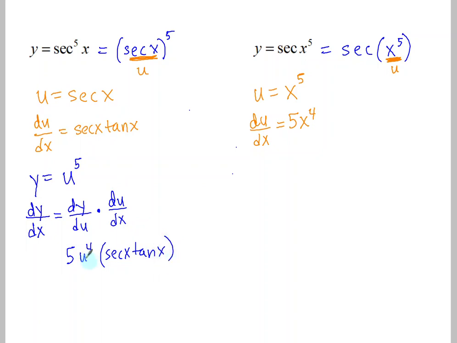And then, of course, we must plug what u is back in. So we've got 5 secant x to the fourth times secant x tangent x.